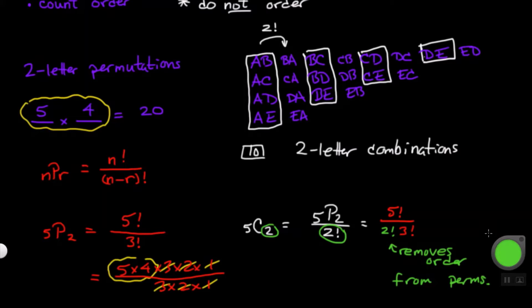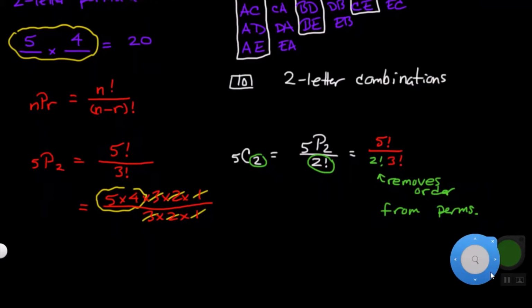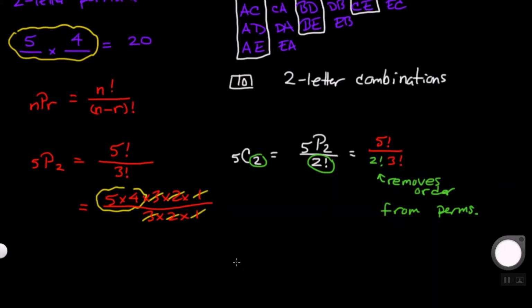Okay, so we can set up now a formula for combinations. We'll stick to white, which is our combination color in this case. So what if we do nCr? It's going to be n factorial on the top.